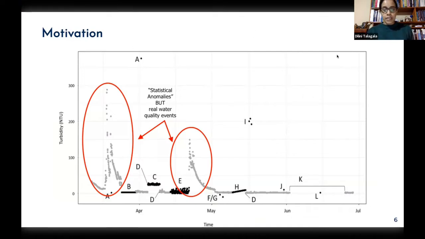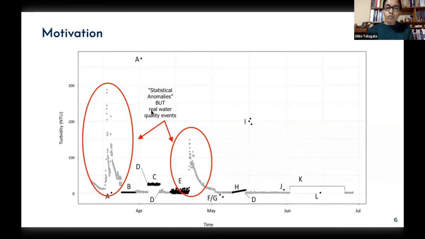This is a turbidity series, and here the black dots represent technical anomalies in this series, and the gray points represent typical points. If I just apply my statistical knowledge as a statistician, I would call these statistical anomalies, because according to our definition these points are somewhat far away from the typical behavior.